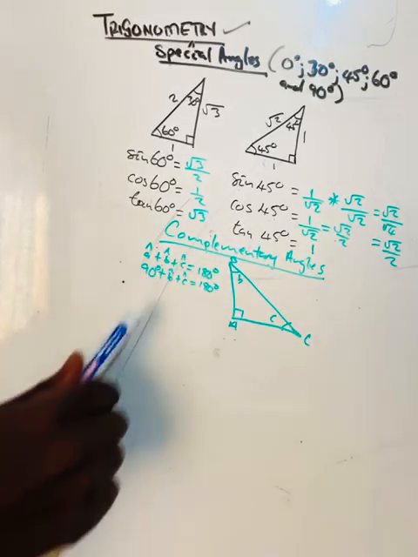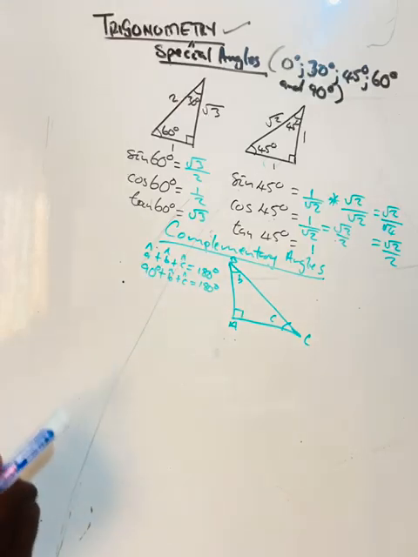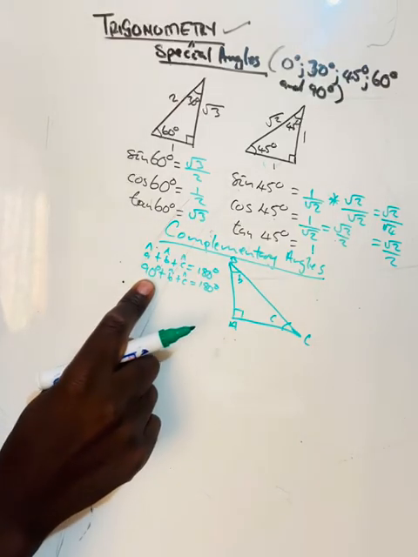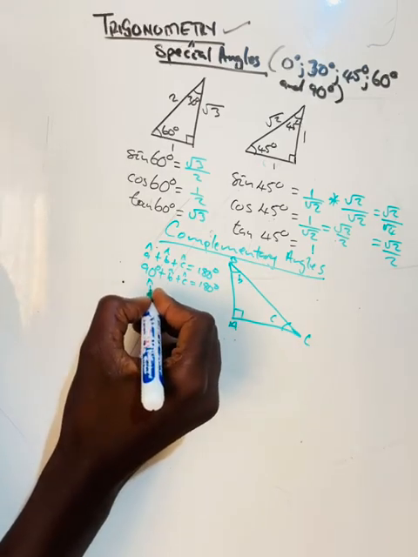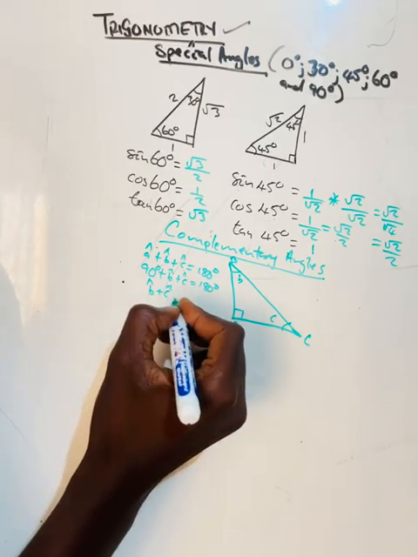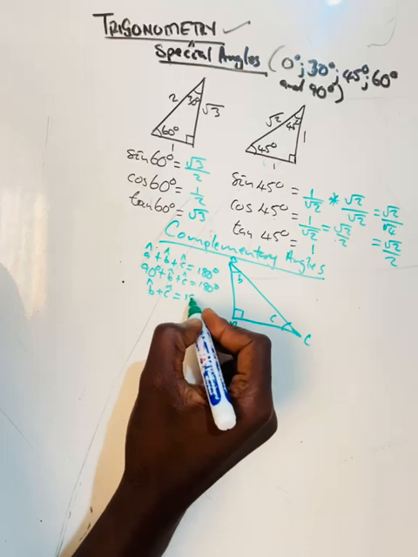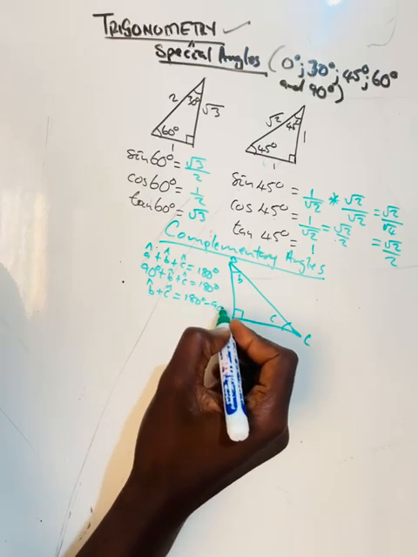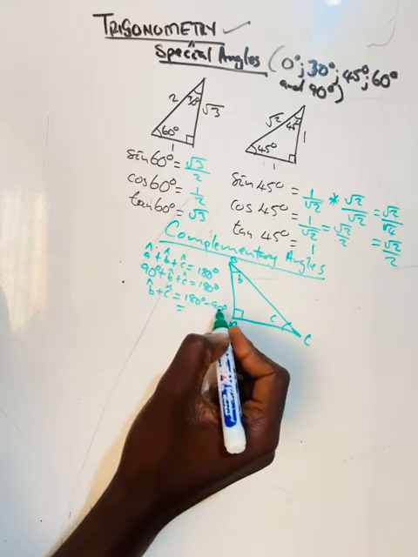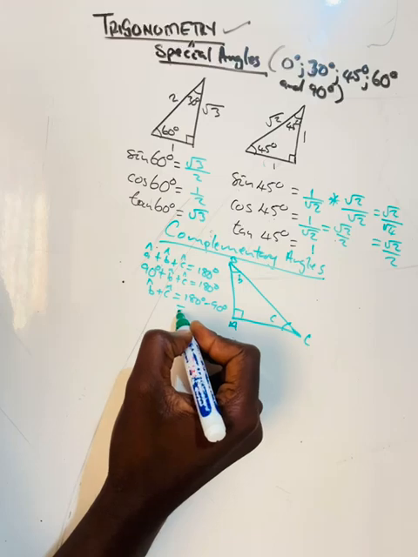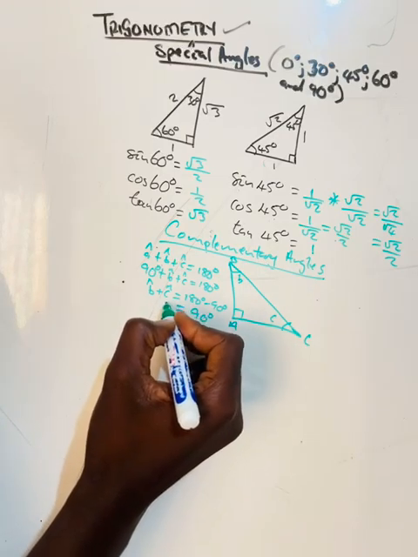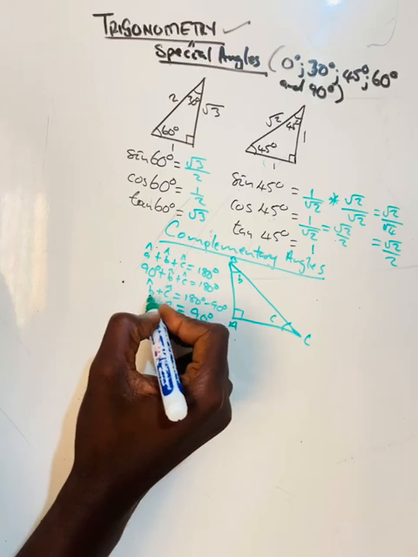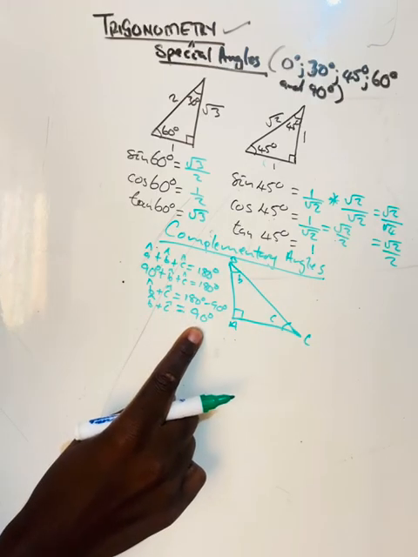But observe, 90 degrees and 180, they are like terms. So I'm going to transpose this 90, it becomes a negative 90. So now I say angle B plus angle C are equal to what? 180 degrees minus 90 degrees, which gives us 90 degrees.